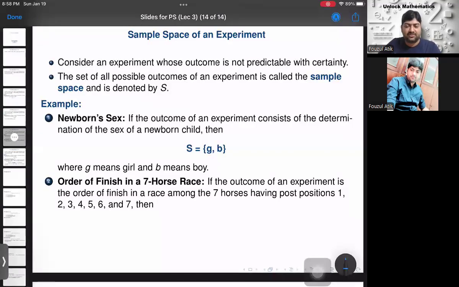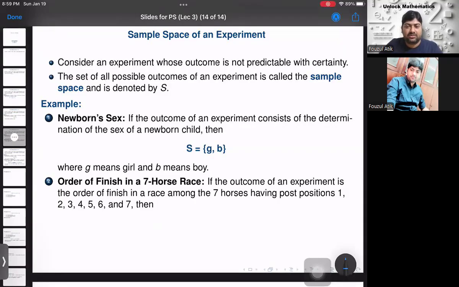Similarly, horse 2 can be first, second, third. So all possibilities are there. What is the sample space in this case? We have 7 horses, so anything can happen. All 7 horses have the opportunity to get the first position.